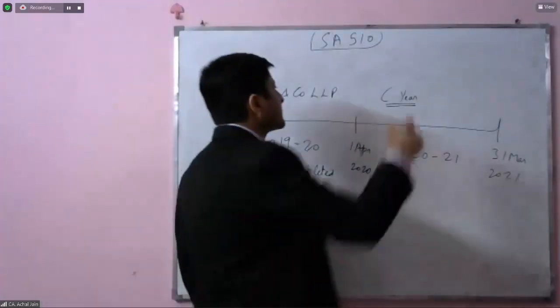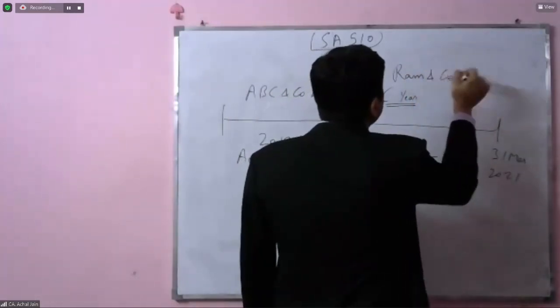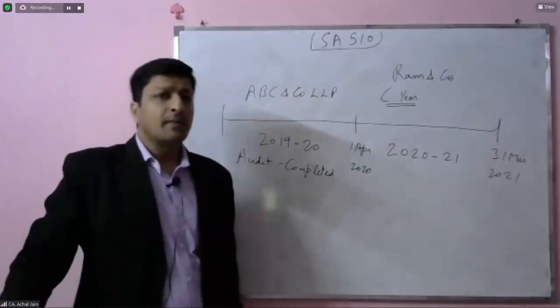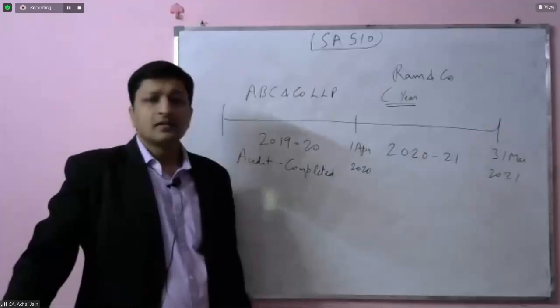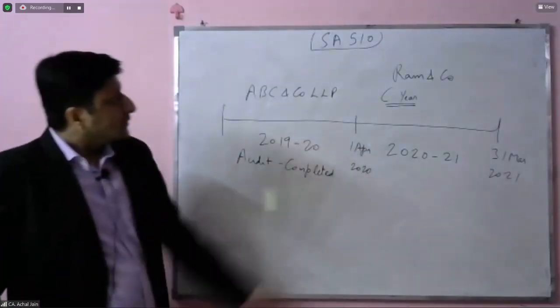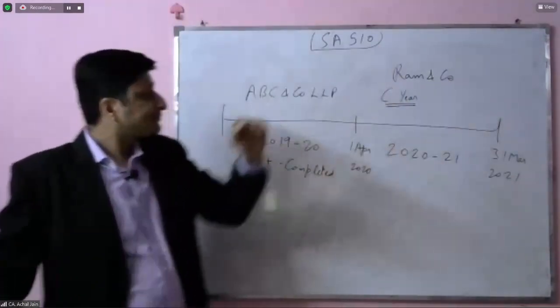Let's suppose it's Ram and Company. So now the new auditor is Ram and Company. Again, it's a firm, and this firm will have auditors. Now these auditors are called current auditors.